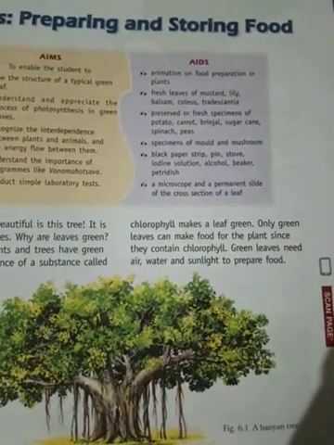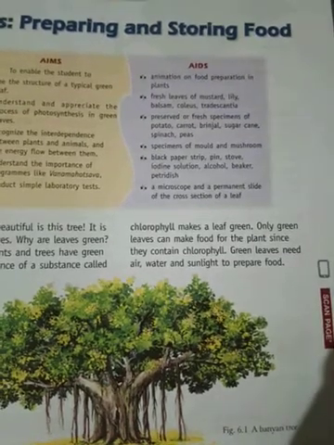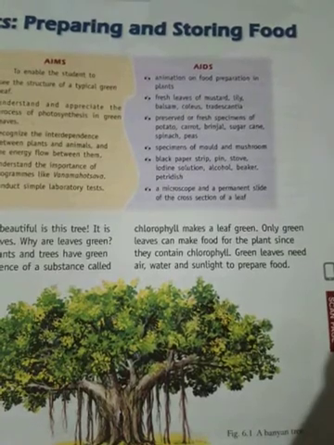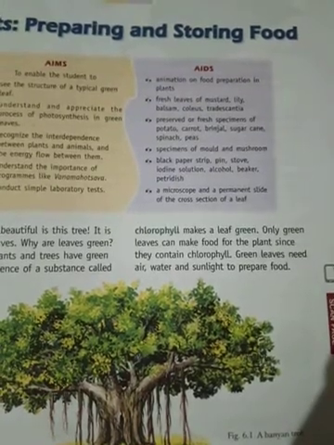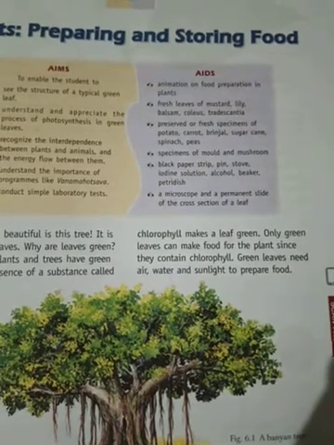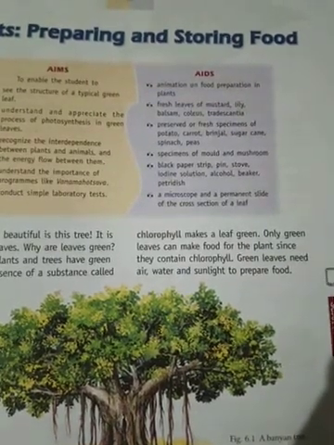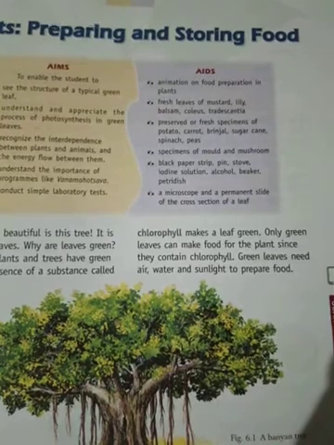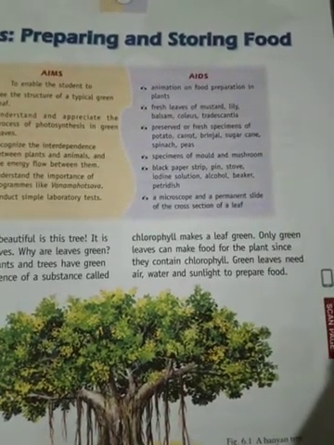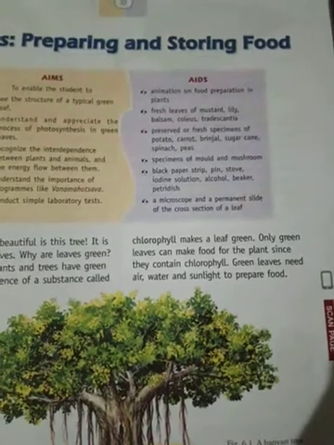In plant leaves there is a green pigment, or later in higher classes you will come to know there is a term called plastid, and that plastid is responsible for this green color.